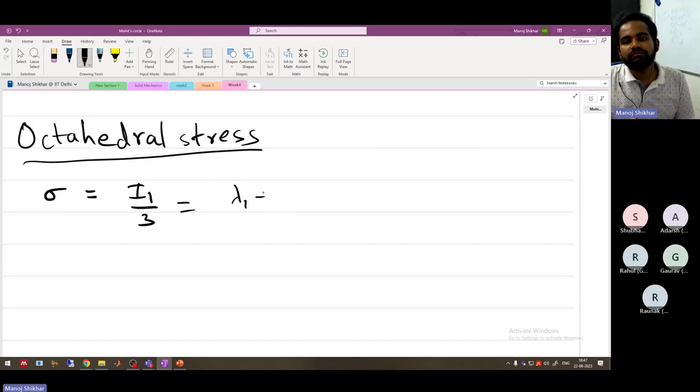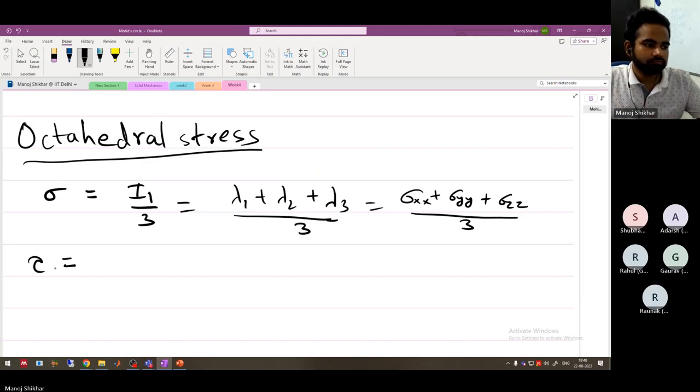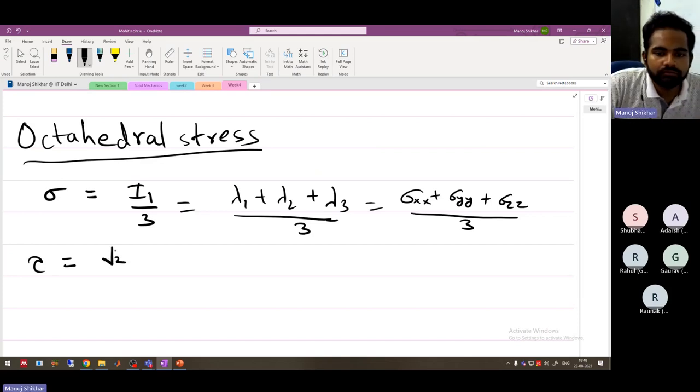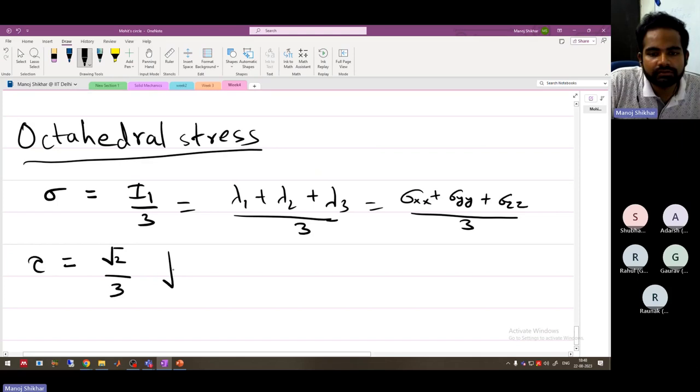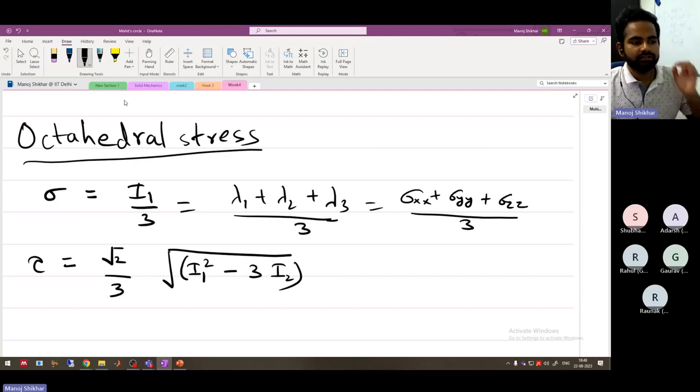Always remember that. And tau is root 2 by 3 times the square root of I1 squared minus 3 I2. We will solve some problems related to this also. Shouldn't be an issue.